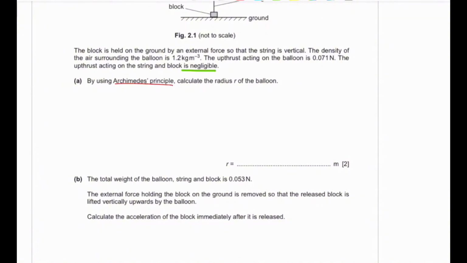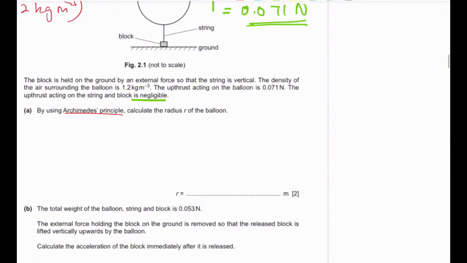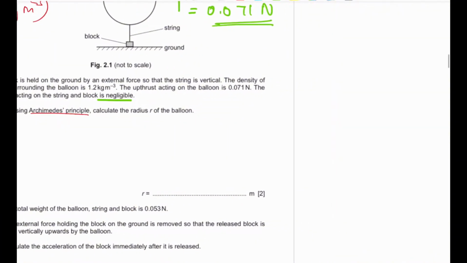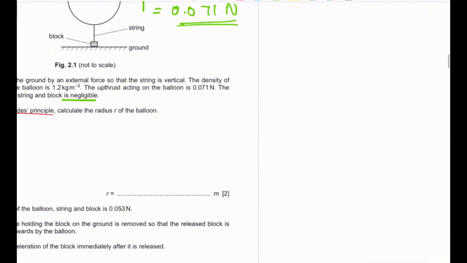Basically, the physicist Archimedes came up with Archimedes' principle, popularly known for the Eureka moment.